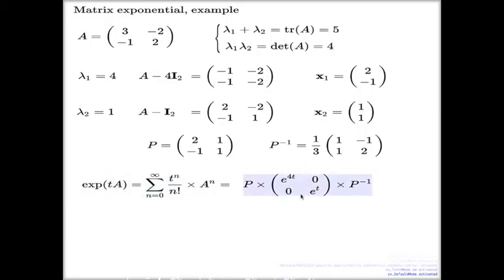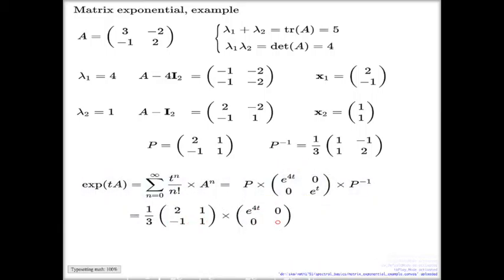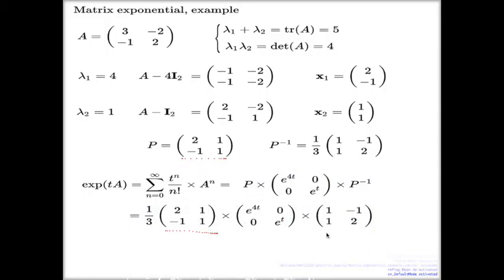So here we go. This is a substitution of all of the components. I just replace my P here and P inverse from here; 1 over 3 went to the front. I need to multiply this out. When I multiply these two together, like I said, all I need to do is multiply the columns by the corresponding exponentials.